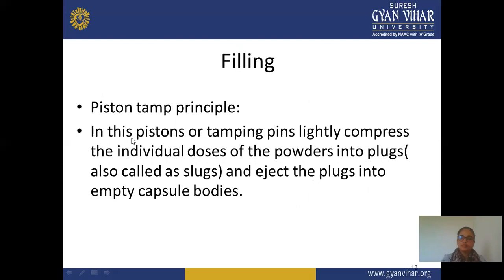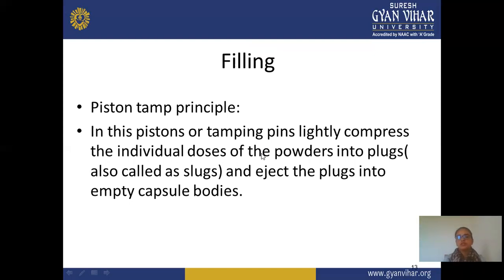After the vibrator, the third technique is the piston tamp principle. In this, a piston or tamping pin, one piston-like piece of equipment, is used for filling, and it lightly compresses individual doses of the powder into a plug, called a slug, and ejects the plug into empty capsule bodies.